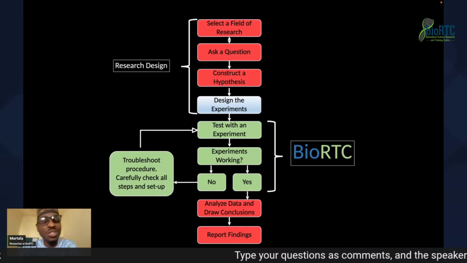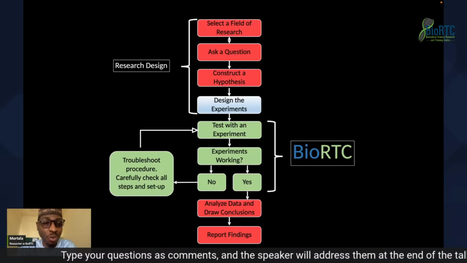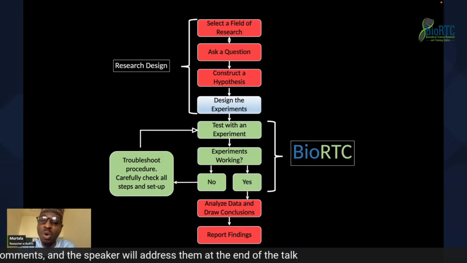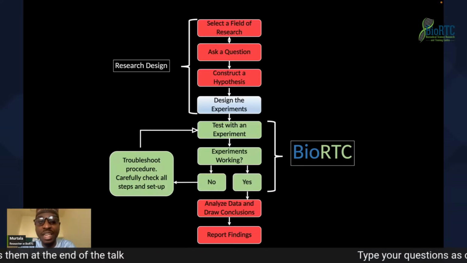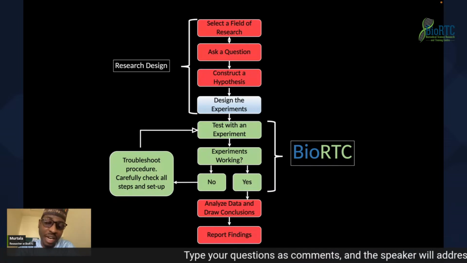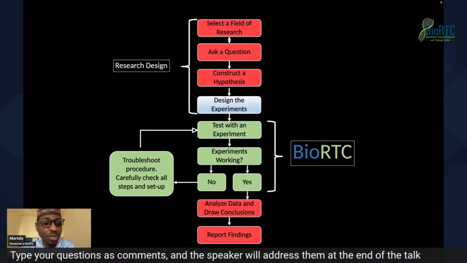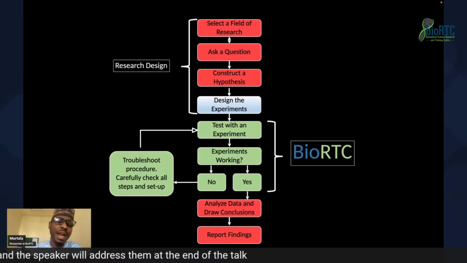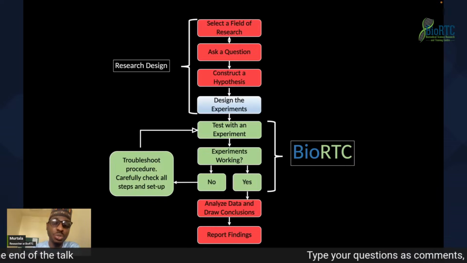Because, like I told you, experiments are sometimes very difficult to optimize, and sometimes labor and cost intensive, so you don't want to spend a lot of time, resources, and funds in the initial stages of your experiment, just to realize that you can't finish the experiment because there isn't one reagent or another. I will give an example when I come to an actual research design. So this is something I really need us to pay attention to, intending visitors to BioRTC.